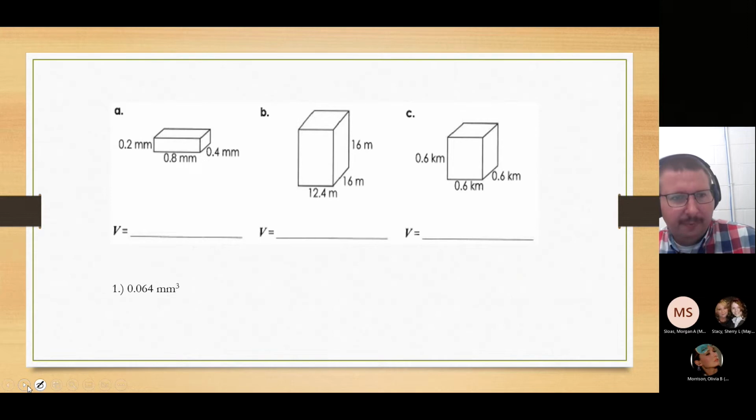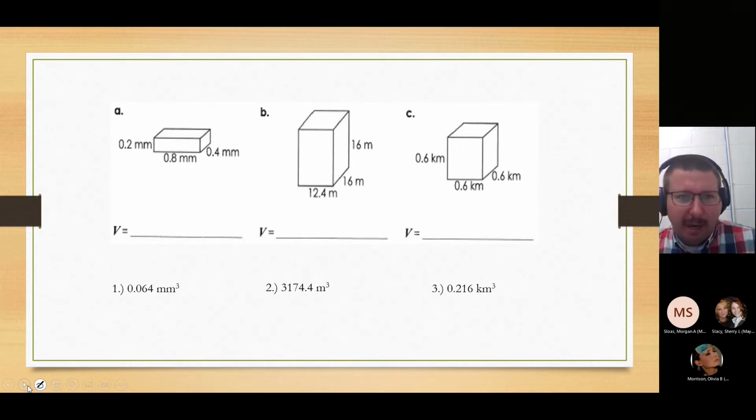Number 1 is 0.064. Number 2 is 3174.4. And then number 3 is 0.216. That's the volume of the box.